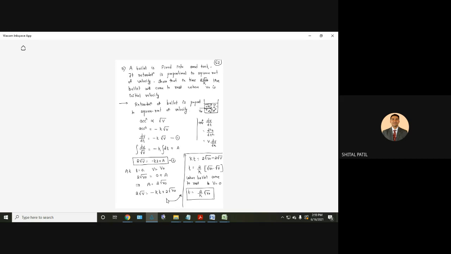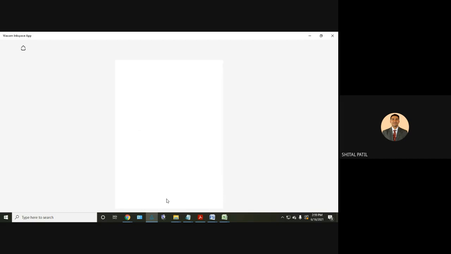Okay, 63 page number. Right. It is like this: a particle is moving in a straight line with acceleration.